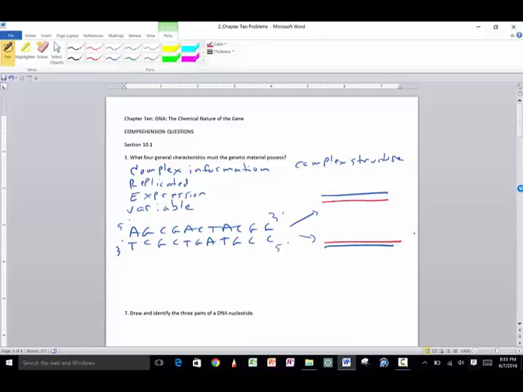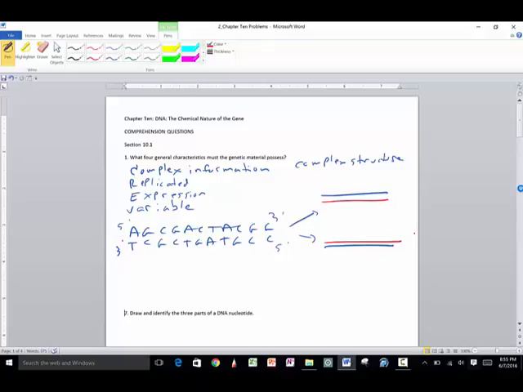Now we're going to talk about DNA replication in a decent amount of detail, but this is the basics: you can separate the two DNA strands, and when you separate them, you copy the one strand and you put in the complementary base, and by doing that, you end up with two strands that are identical to what you started with.